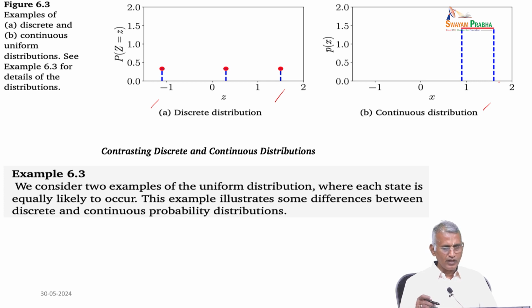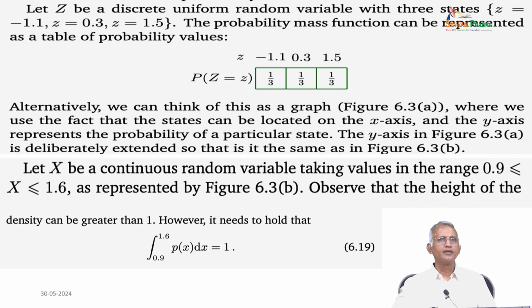Now, we consider two examples of the uniform distribution to contrast discrete and continuous distributions, where each state is equally likely to occur. The following is an illustration of the difference between the discrete and continuous probability distribution.